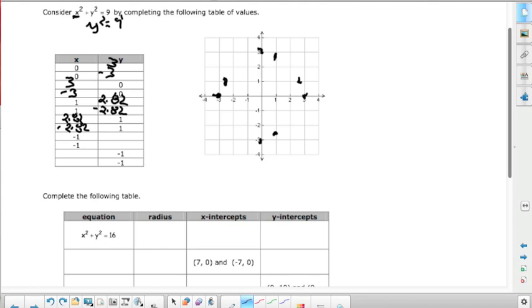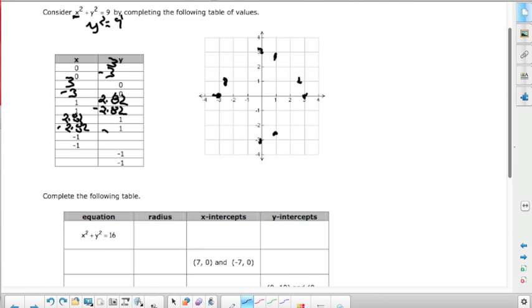So finally, if x is negative 1, what's my possible value for y? Well, what's negative 1 squared? Well, it's still 1. So we subtract 1 from both sides. We get 9 minus 1 is 8. So it's the same numbers again, right?